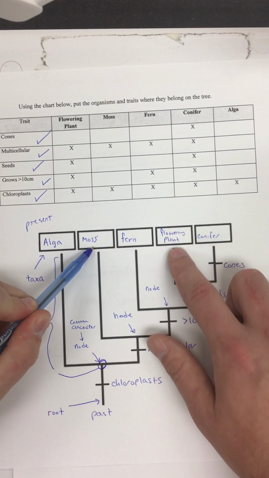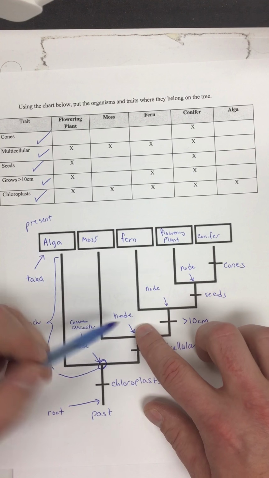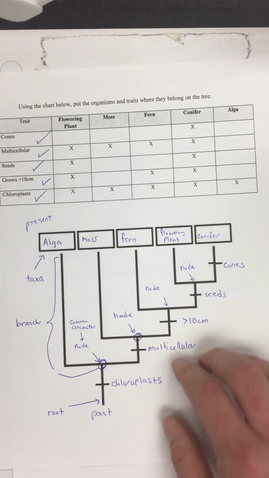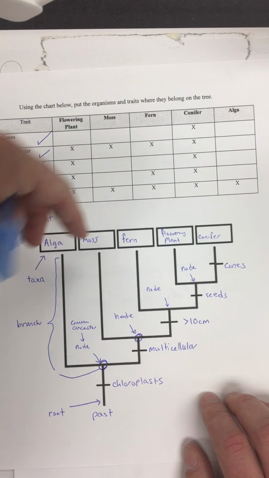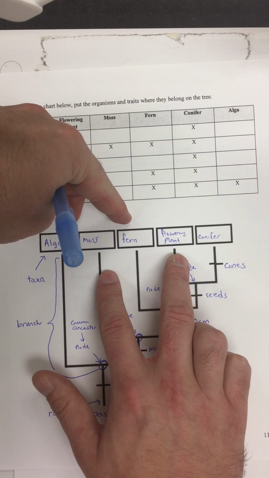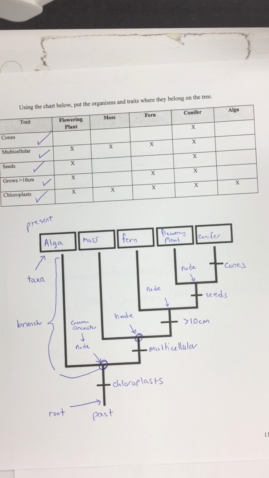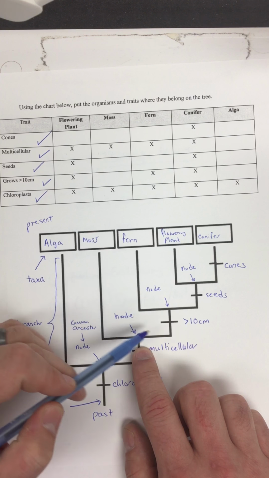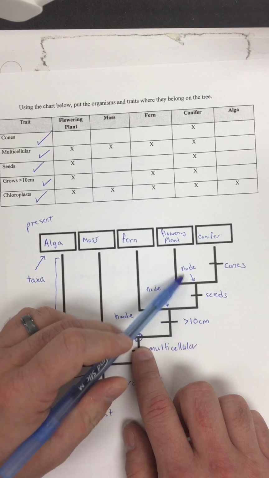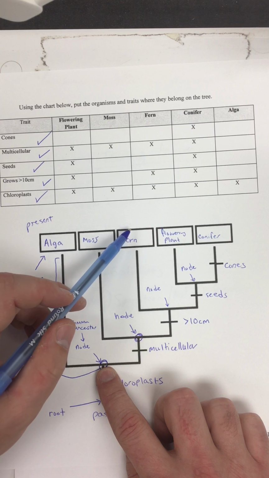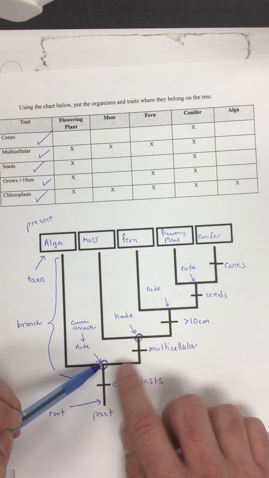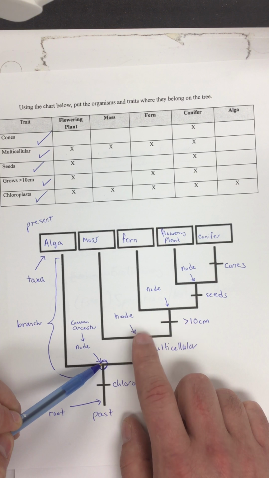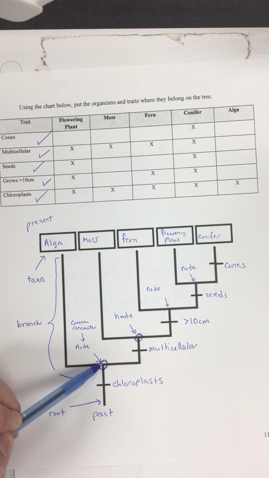For moss and flowering plant, we go down, here's their common ancestor. Who is more closely related? No, the moss and the flowering plant. Their ancestor is here, and the alga and the fern's ancestor is here. This one is more recent, so they are more closely related.